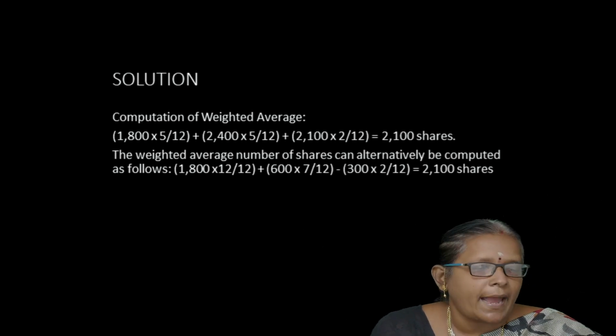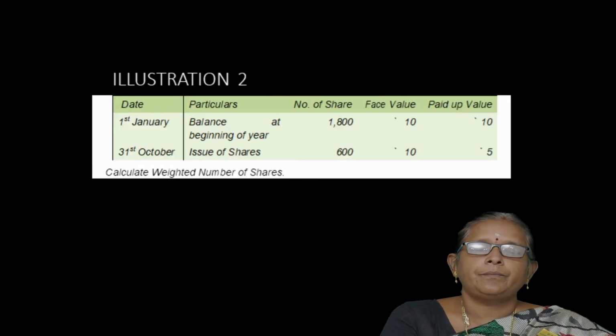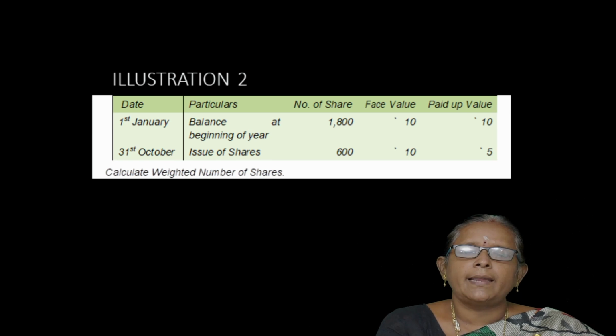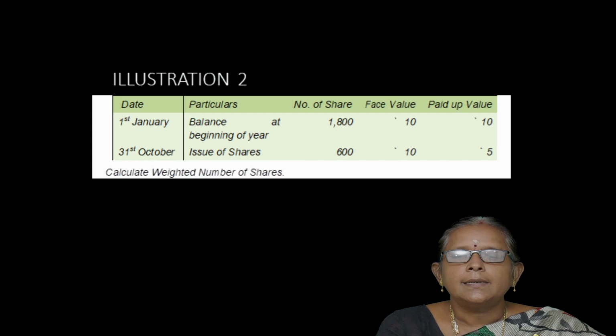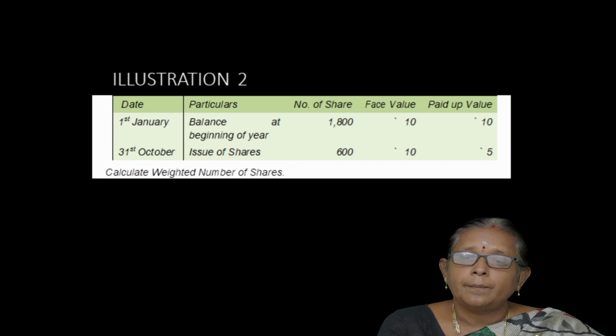One more example I have. Say, on 1st January, they have 1800 shares outstanding in their balance sheet. On 31st October, issue of shares 600, but actually the face value of the share is rupees 10. Even though the face value is rupees 10, the paid up value is rupees 5.